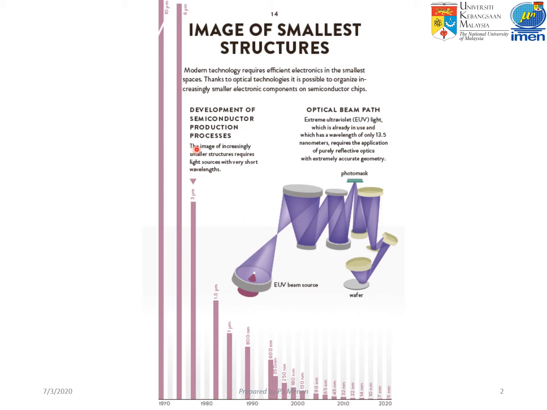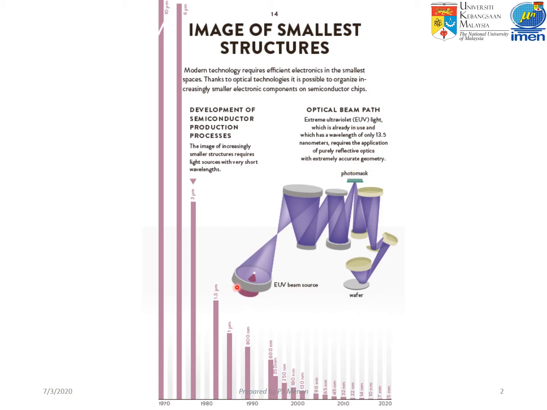So the image of increasingly smaller structures requires light sources with very short wavelengths. In order to make these very small chips, we need what we call extreme ultraviolet, or EUV light. It is already in use and its wavelength is only 13.5 nanometers, and it requires the application of purely reflective optics with extremely accurate geometry.